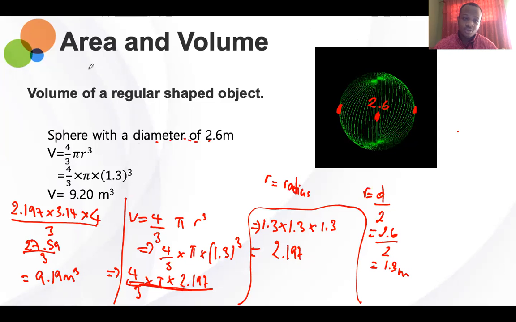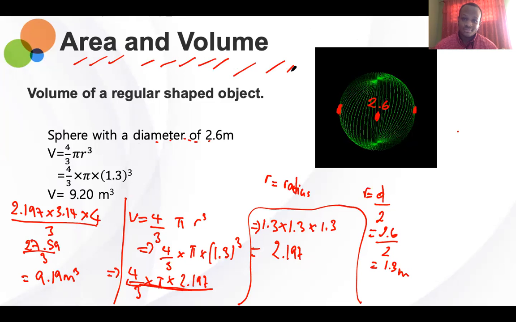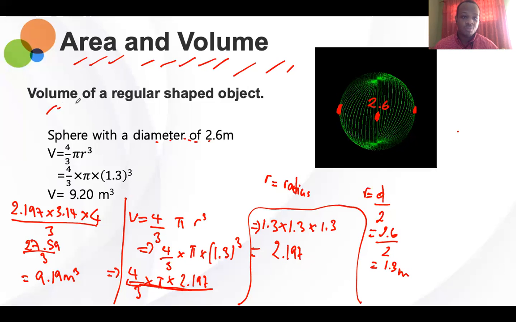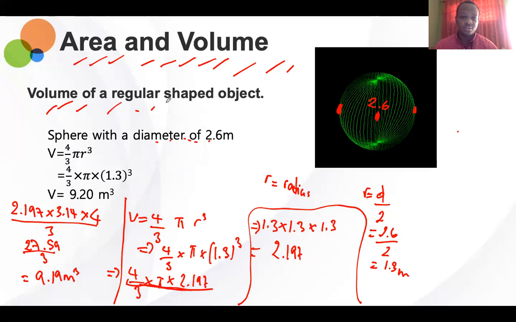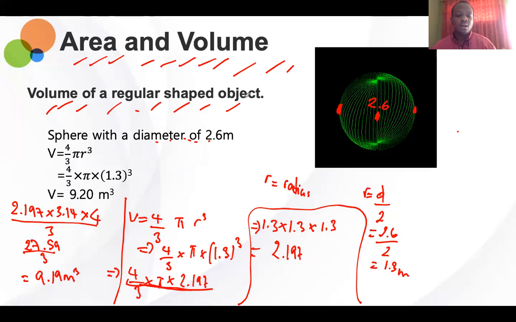The topic for today is area and volume, the big topic up here, right? And then we'll focus now on volume of a regular shaped object. That's where we're at now. All right. Any questions before we move on?